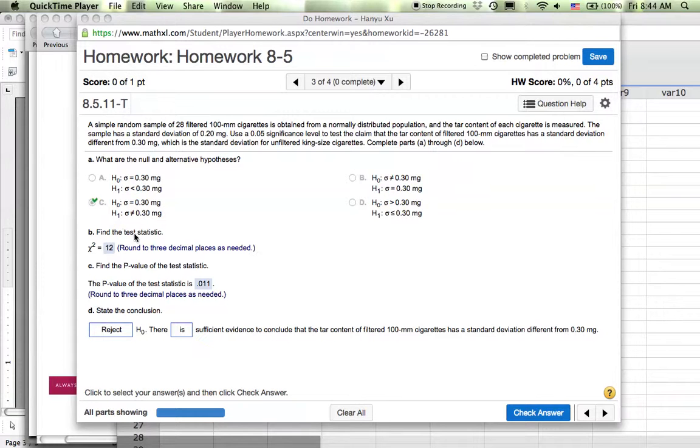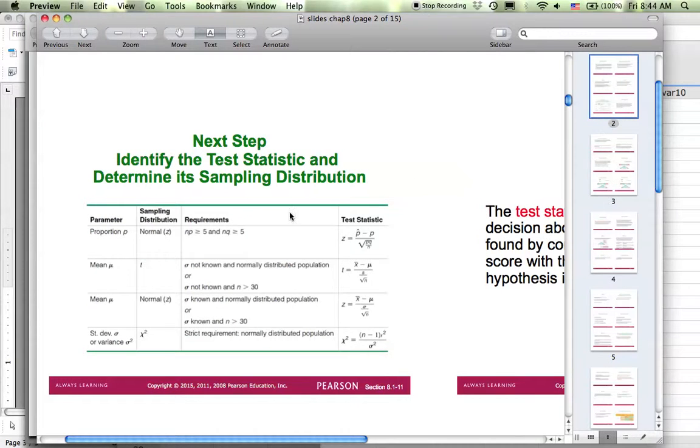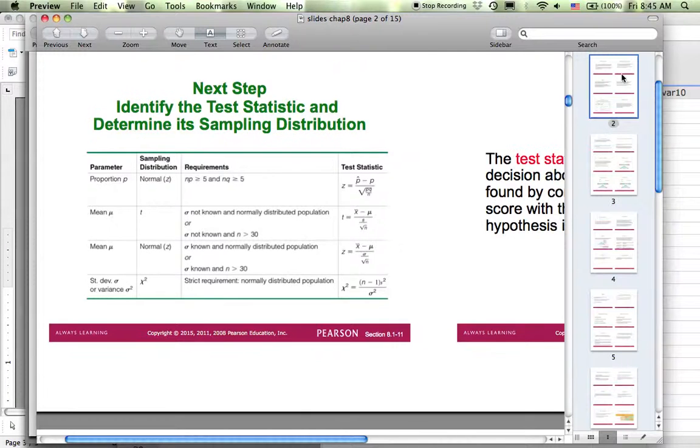And for the test statistic, it is a chi-square, and the way to calculate it is shown in the slides here, page 2. The test statistic for chi-square is n-1 times s squared over sigma squared.